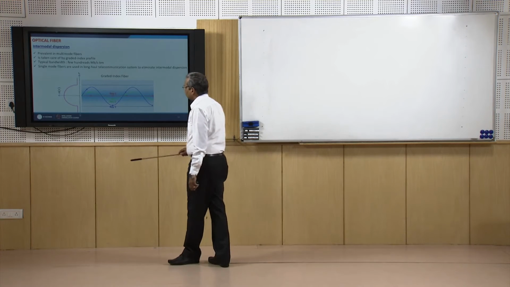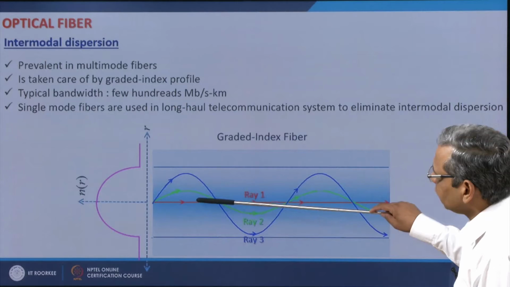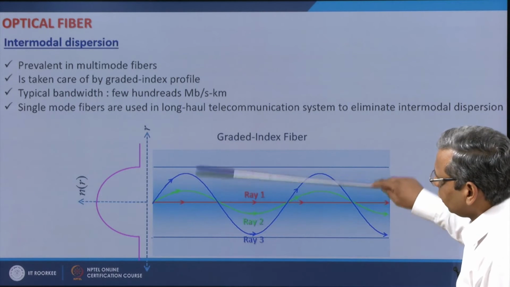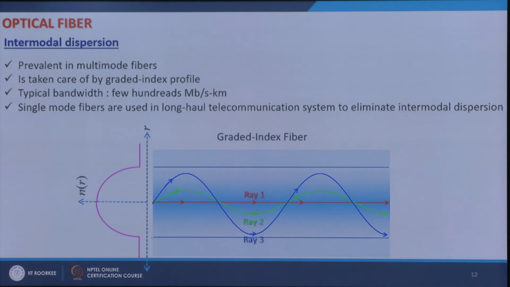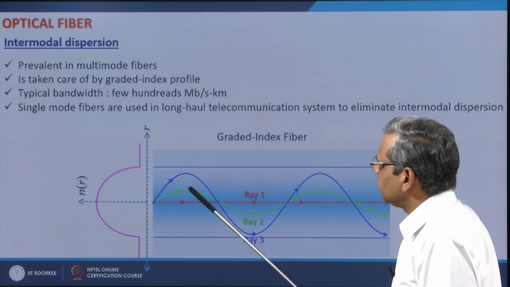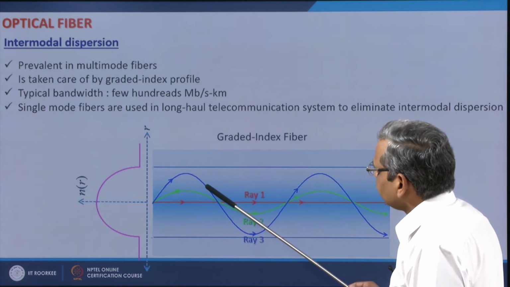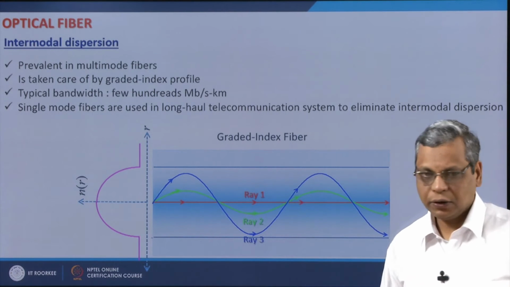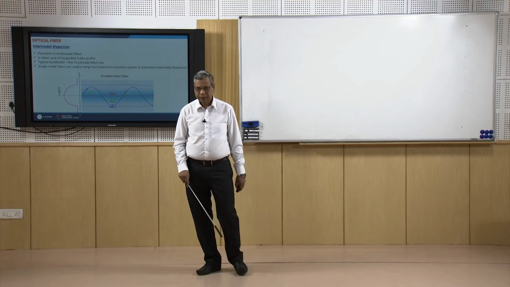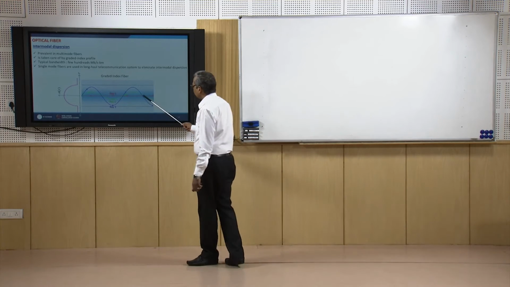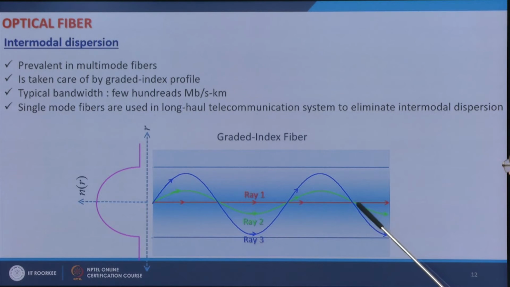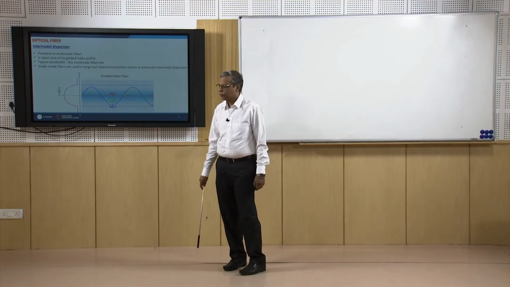But in a graded index fiber, since you are modifying the refractive index across the transverse direction of the fiber, the velocity of light in this region and in this region and in this region would be different. So, the increase in velocity here takes care of the increase in path length. That is how at the output end all the rays will reach at approximately the same time, and that is how intermodal dispersion is taken care of.